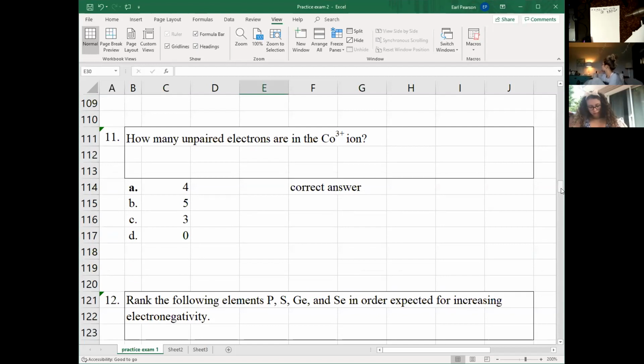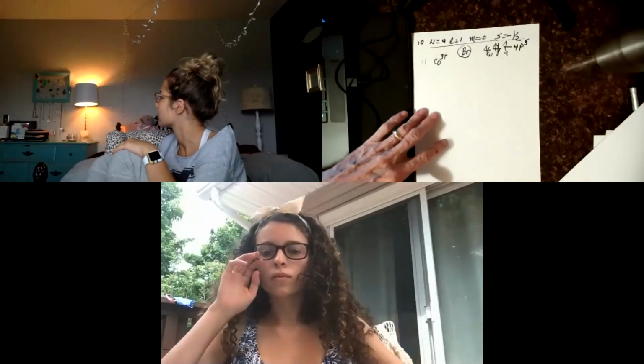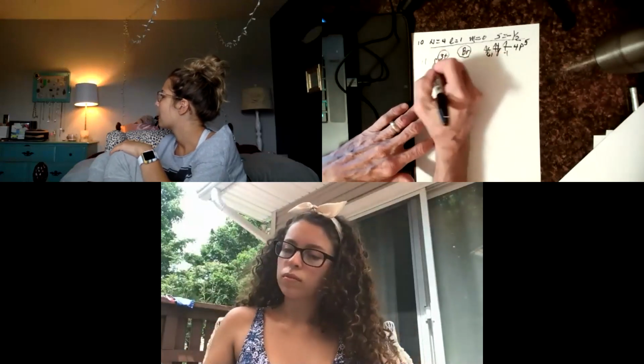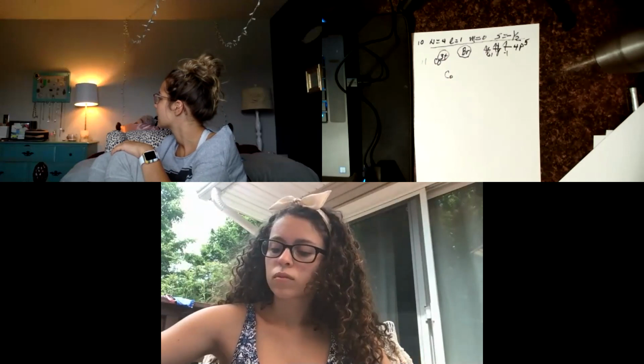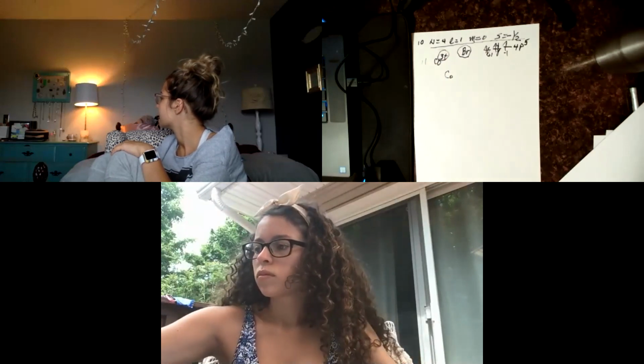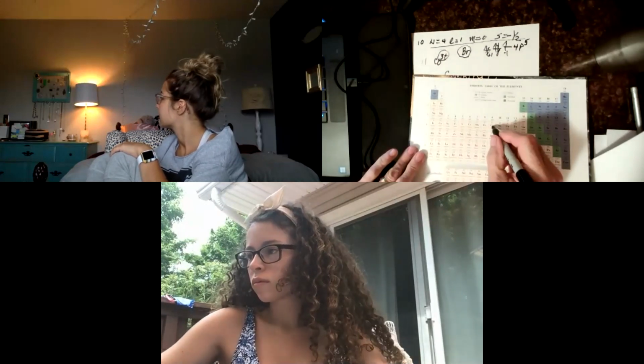How many unpaired electrons would cobalt plus 3 have? So we're doing cobalt 3 plus, and now stop the sharing so you can see it. Okay, so remember a positive ion, we're going to do the neutral first, cobalt. So we locate it on the periodic chart. Cobalt is this element right here.